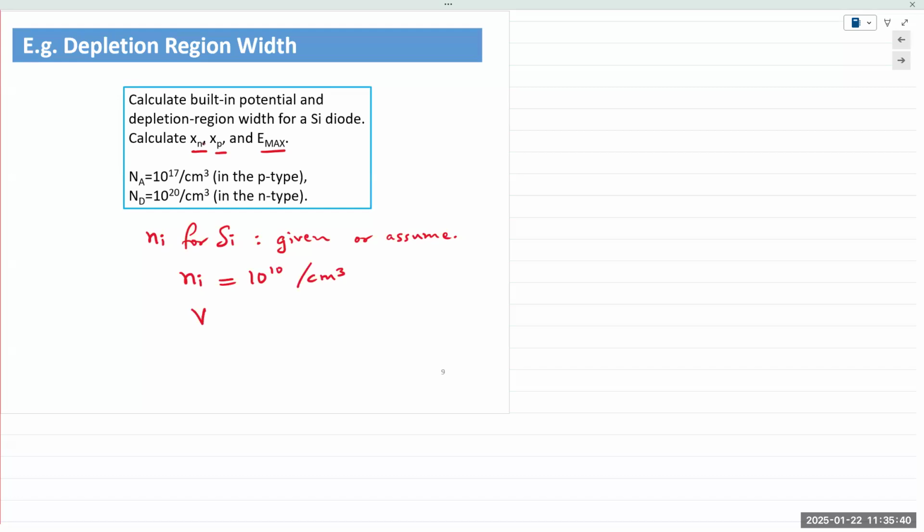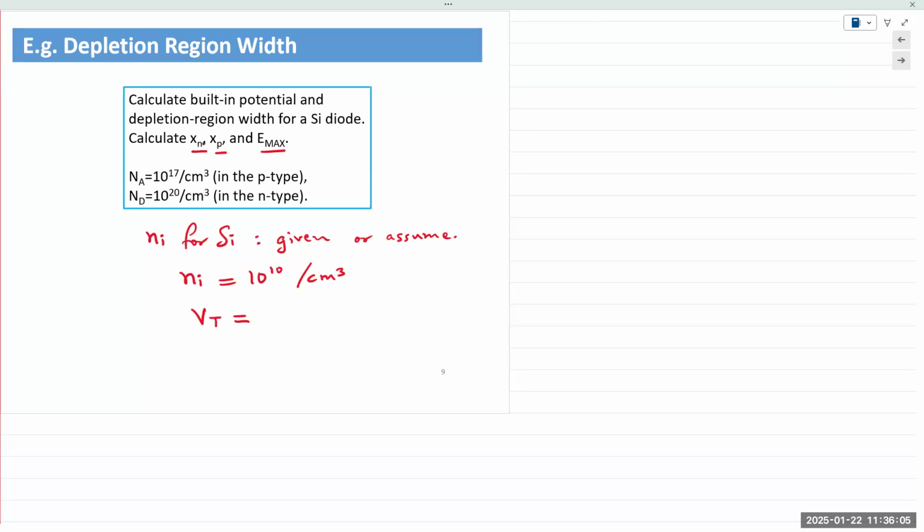Thermal voltage Vt: our book sticks with 25.8 millivolts, 0.0258. I also tend to stick with whichever book we are using. Some books use 25.9, they round up, and some books just use 25 millivolts to make things easier.